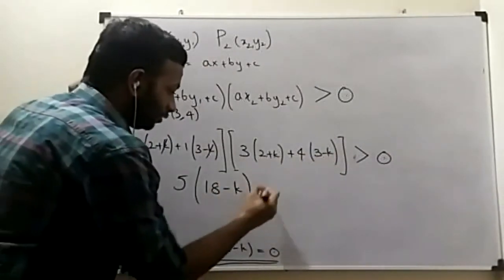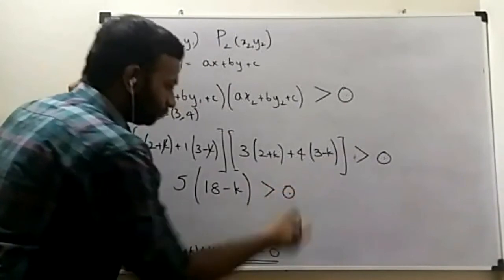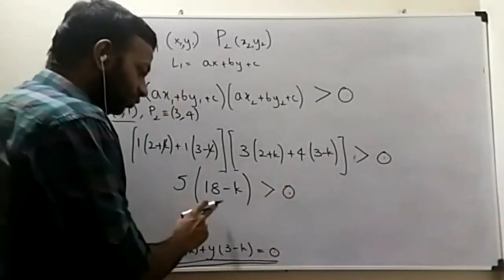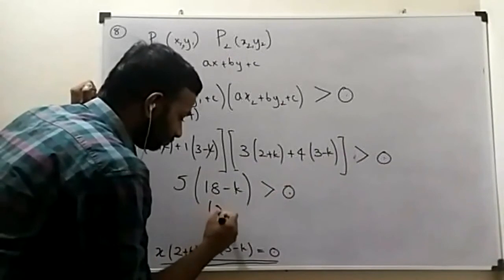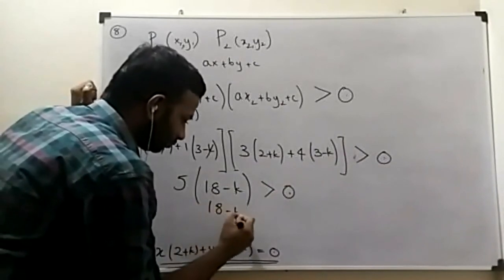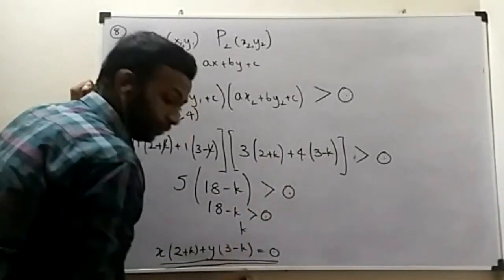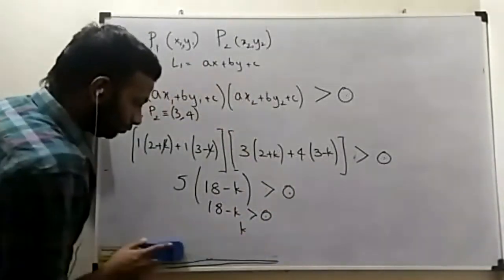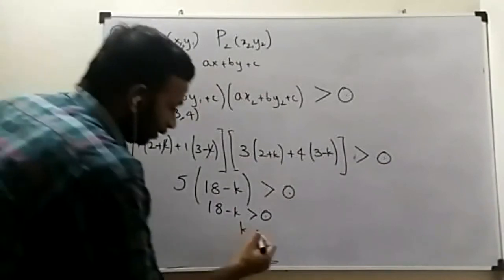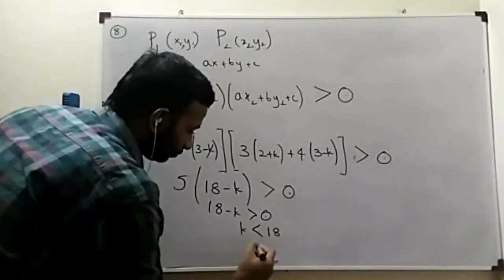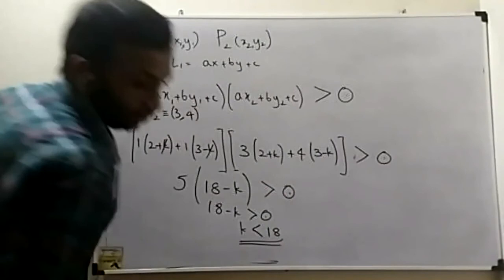This whole thing is greater than 0. So 5 is obviously greater than 0, which means 18 minus k is greater than 0, which means, if we take the k to the other side, k is less than 18, which is the answer we need.